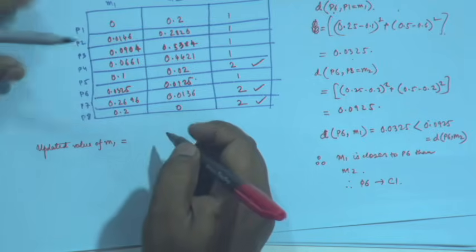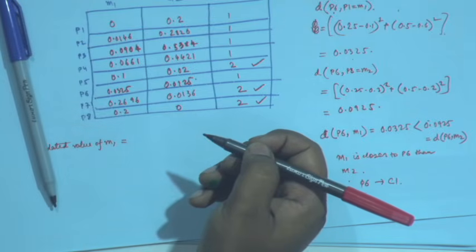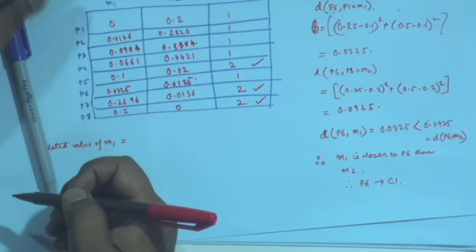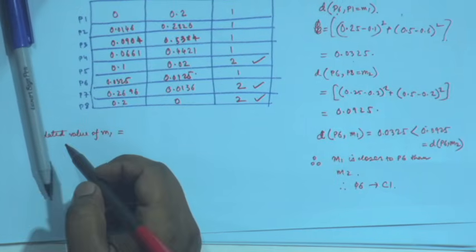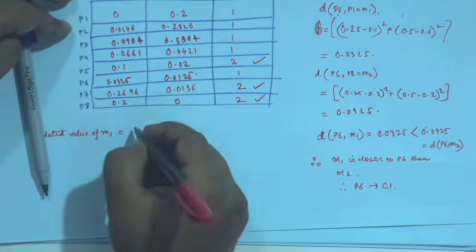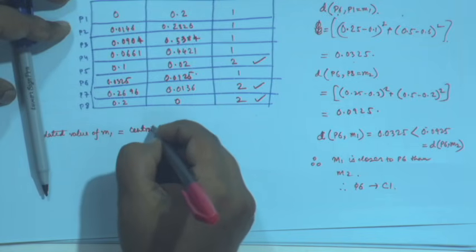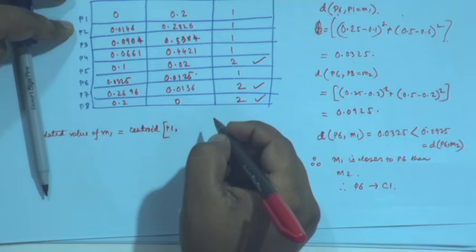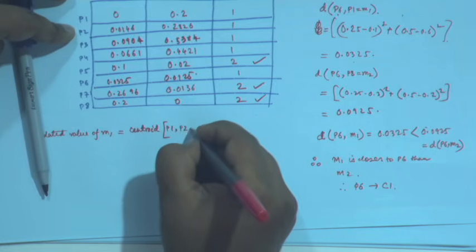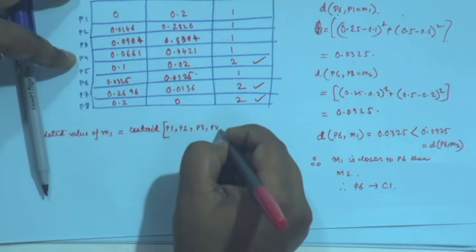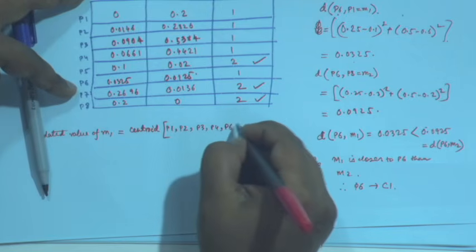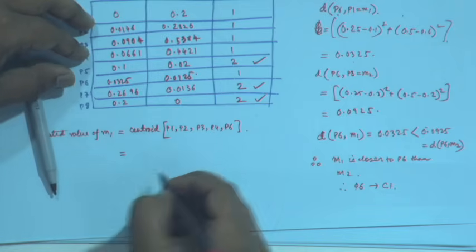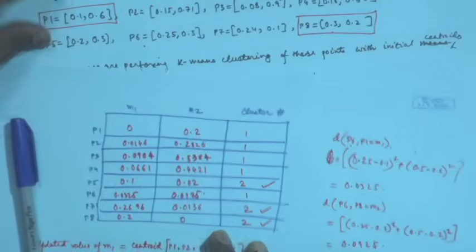The updated value of M1 will be updated to the centroid of all the points that belong to cluster 1, P1, P2, P3, P4 and P6, which is equal to, so let us calculate it.